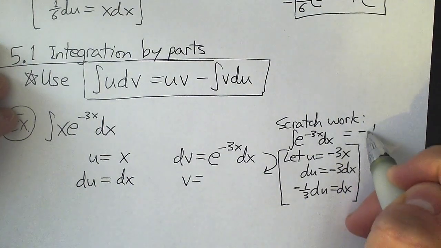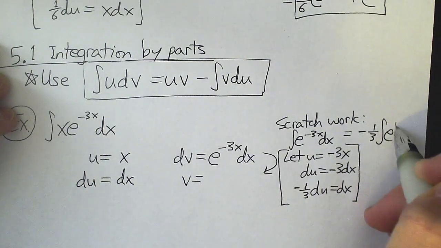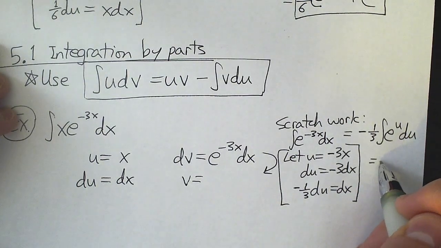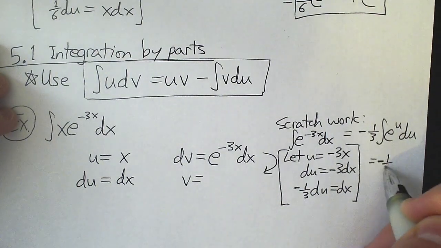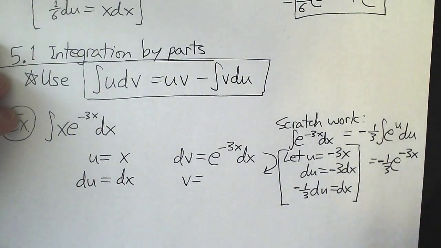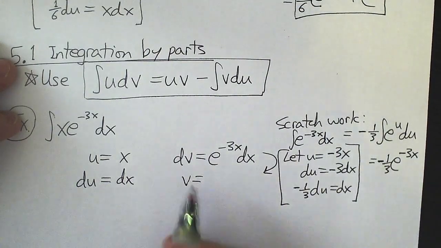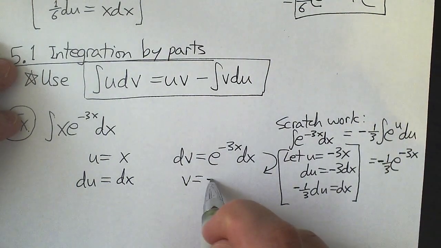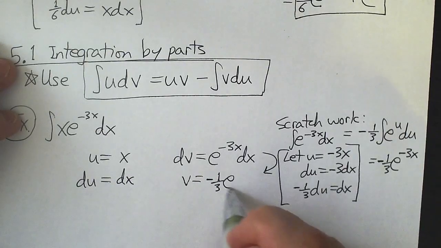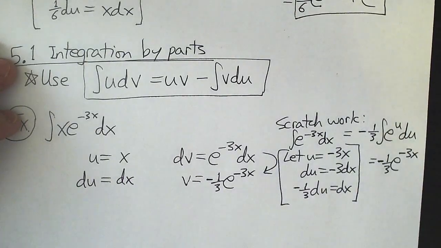Negative 1/3 integral e to the u du. That's making me think negative 1/3 e to the negative 3x. If this was a problem of its own, I would need a plus c for that, but this was just a side problem in the margin. Over here, we don't need a plus c. That is going to be my v.